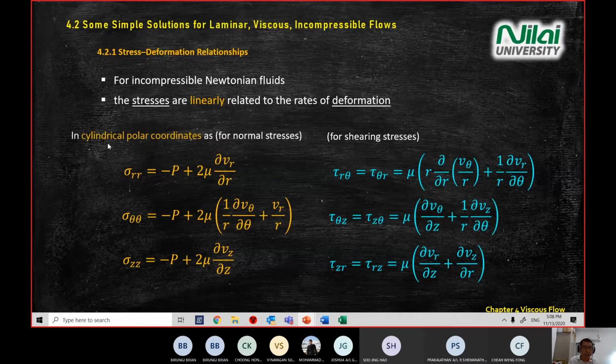This is the cylindrical polar coordinates set. This is the cylindrical polar coordinates for the second set here. Okay, just a side note.